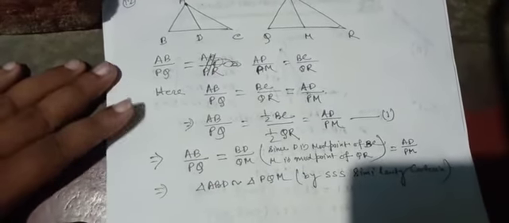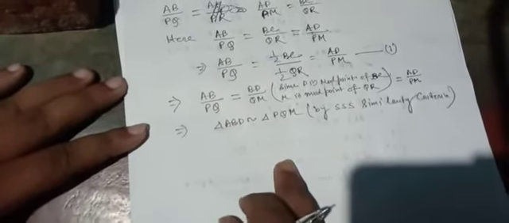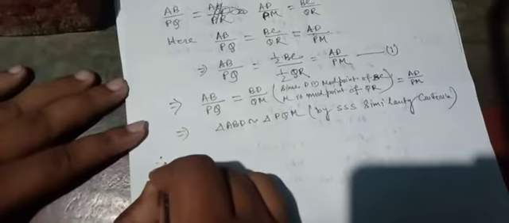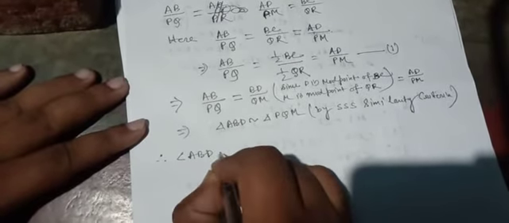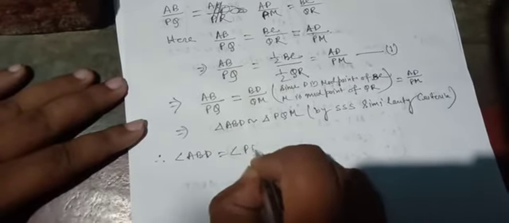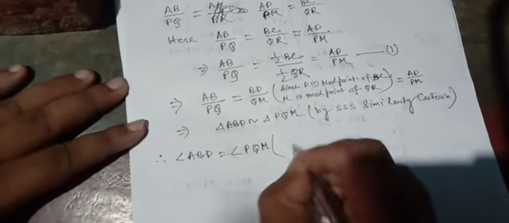Okay, this question is not over. Next we will continue. Therefore triangle ABD is similar to triangle PQM.